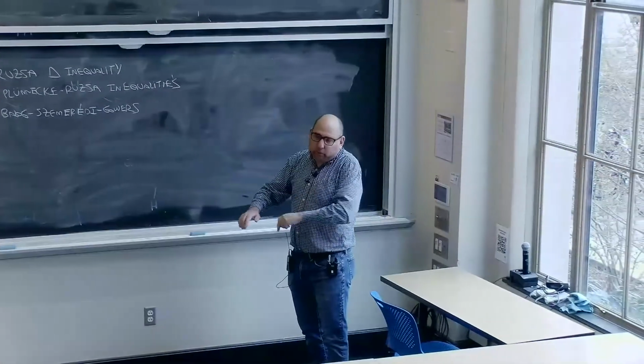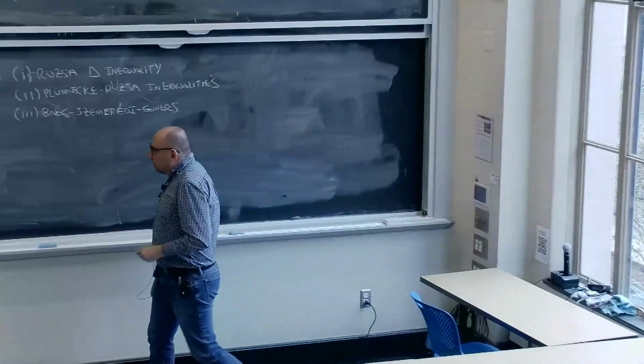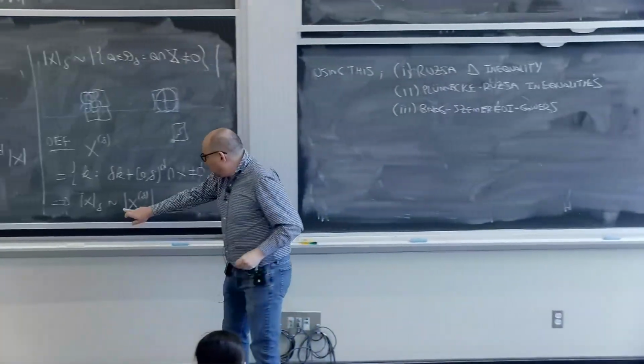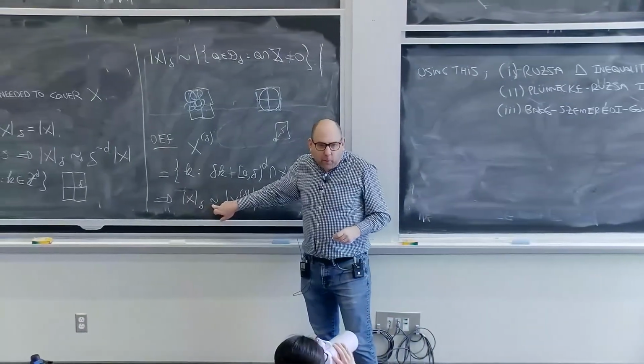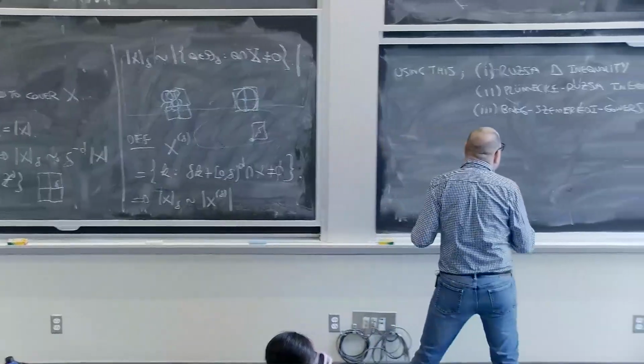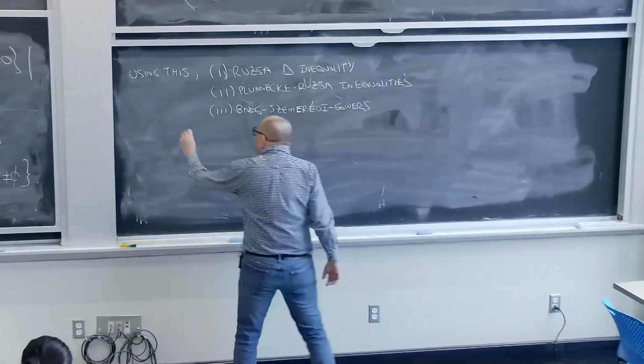So when you see bar, you put delta. Okay, and you lose multiplicative constants because of this. So where you have equality, you no longer have equality, but this is very harmless.